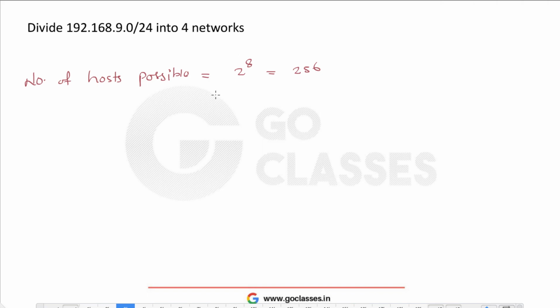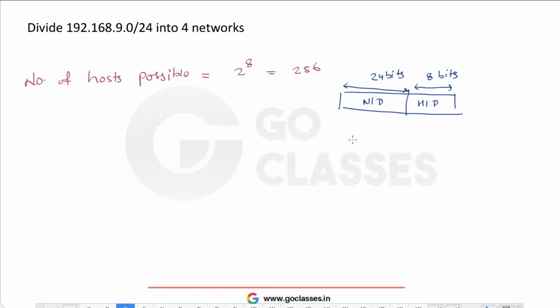Now if you divide any network into 4 networks, then you will need 2 bits for the subnet ID. What do I mean by that? Initially you have these 24 bits as your network ID, and these 8 bits are there for your host ID. This is before subnetting, but you need to divide this network into 4 networks.